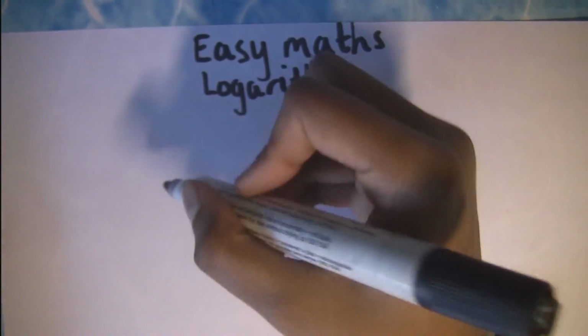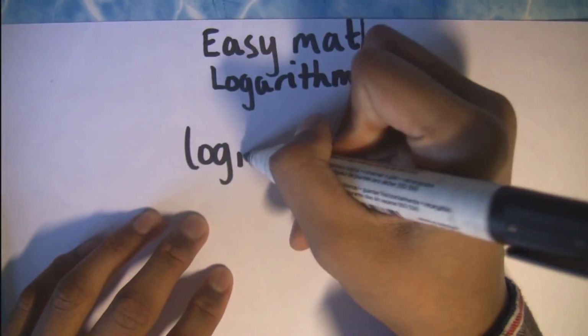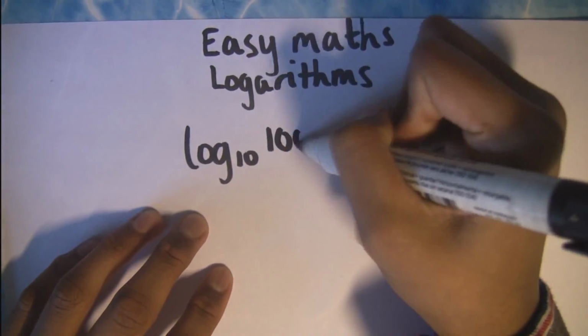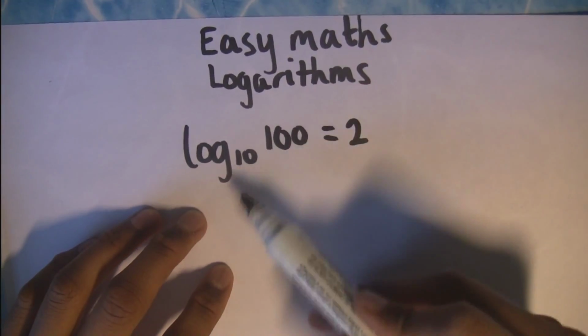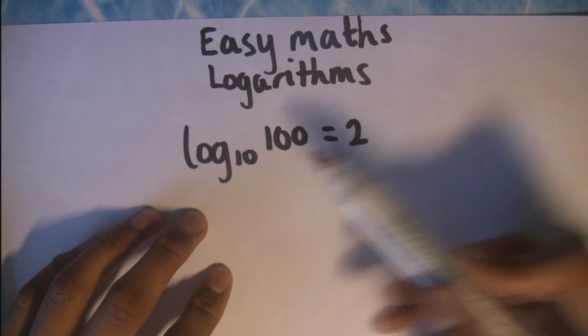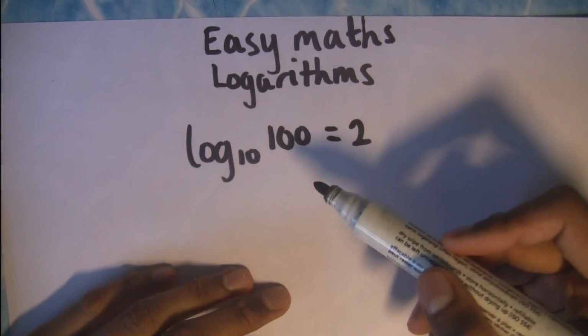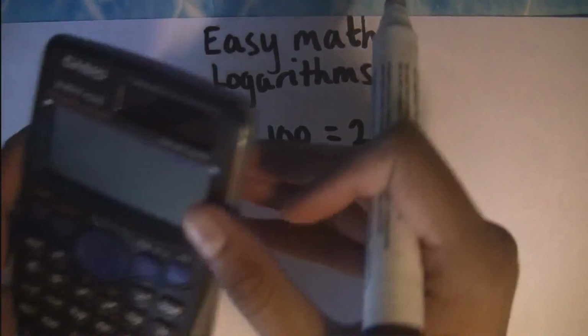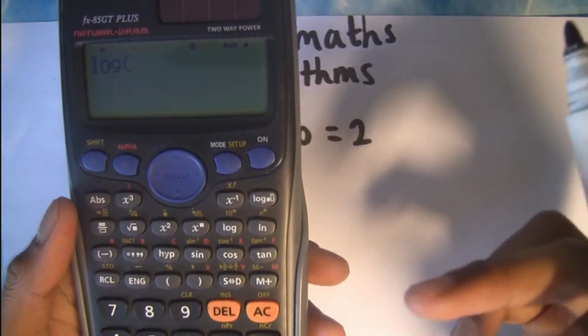If you have, for example, log base 10 of 100 equals 2, what this means is 10 to the power of 2 equals 100. Obviously you understand that, and that's how the calculator works. Whenever you press this log button here, it's always working in that base 10.